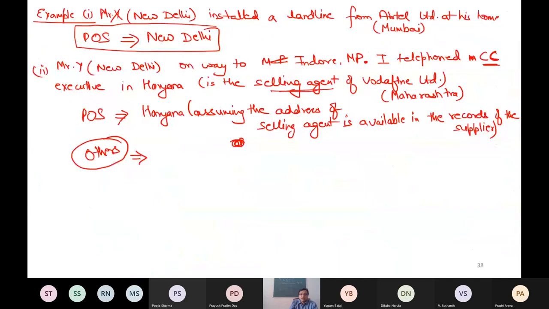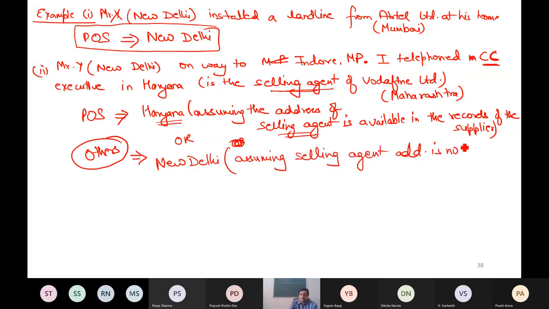What am I assuming in New Delhi? So this is the sequence which is going on. Assuming the selling agent address is not available, but you have to think and learn.